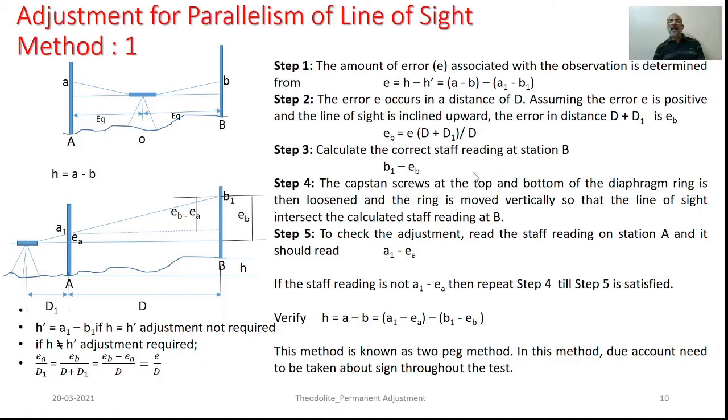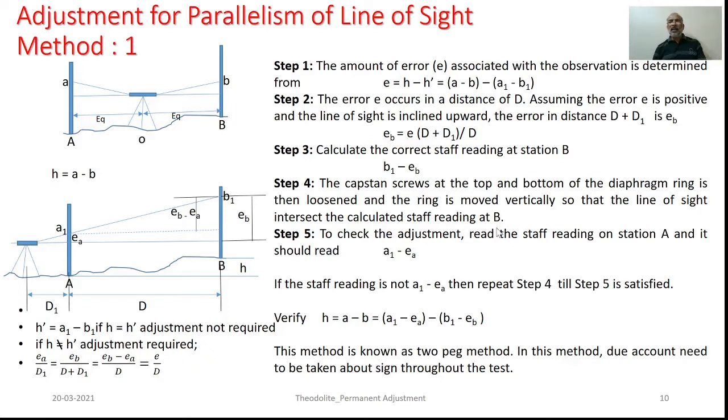After calculating this correct staff reading, now the capstan screws at the top and bottom of the diaphragm ring are loosened and the ring is rotated vertically downward so that the line of sight will be passing through that computed reading. So, as this particular adjustment is done, further we can check the adjustment. We can take the reading on, say, staff A. It should be A1 minus EA, the way it is computed by making use of this particular expression.